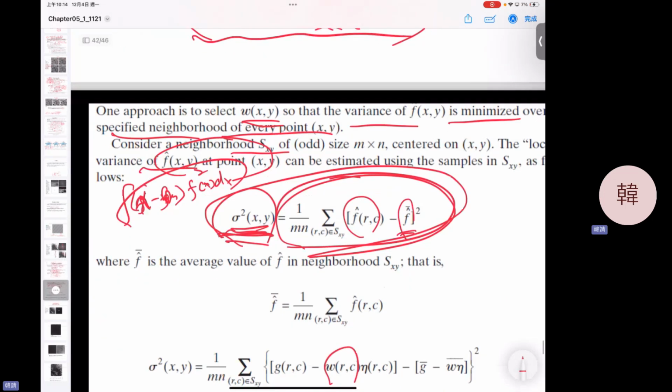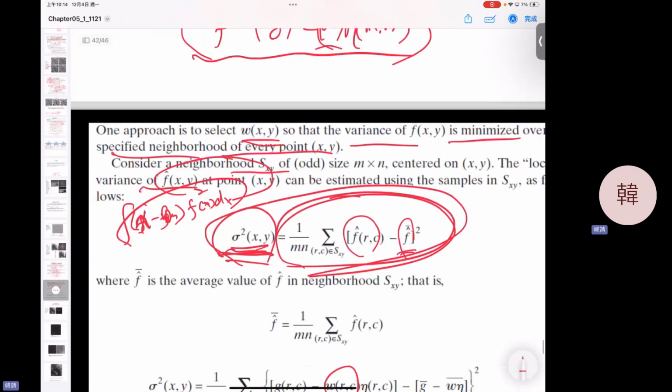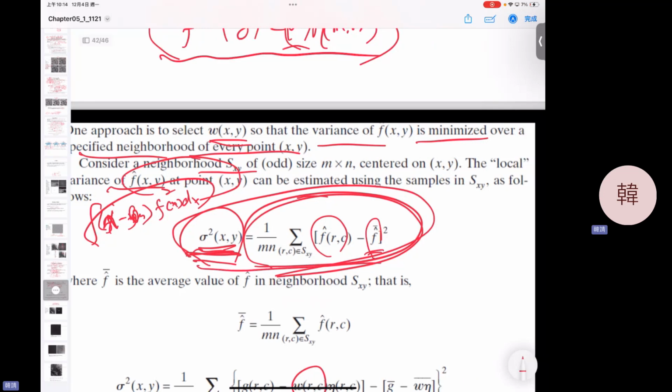The approach is usually to minimize the variance at a specific location. We consider the neighborhood S_xy. We always process this image with a sub-image S_xy, or S_ab as we used previously. You define a small sub-image and see what the constant should be at this location. So we can write this equation here.